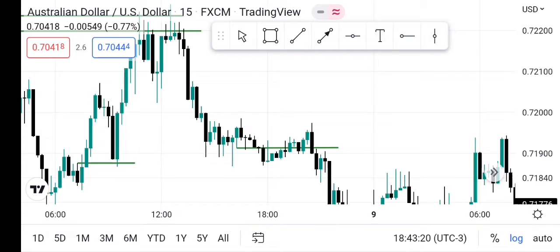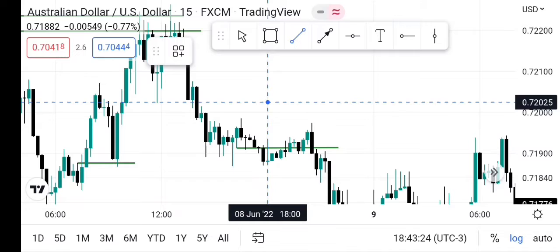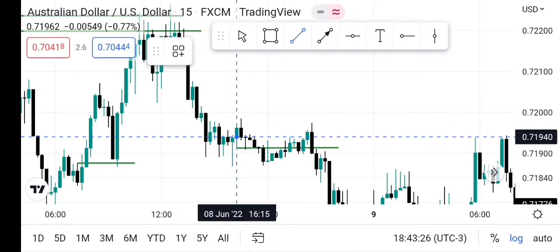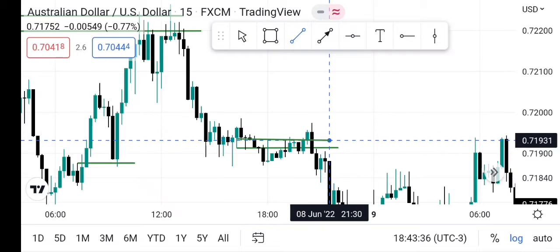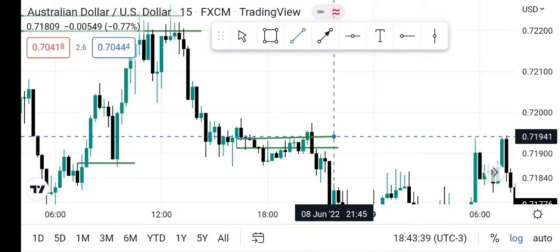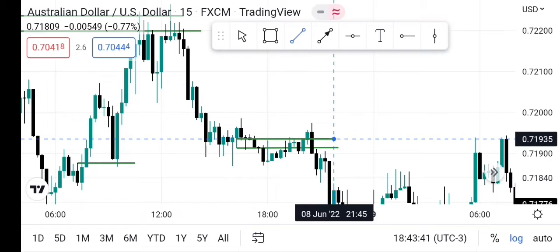See that? Now folks, I want you to understand that you can also use the body of the candle as well, which is the open of that candle, and then you just draw it out. Okay, your entries can be either at the low of the candle or at the body of the candle.